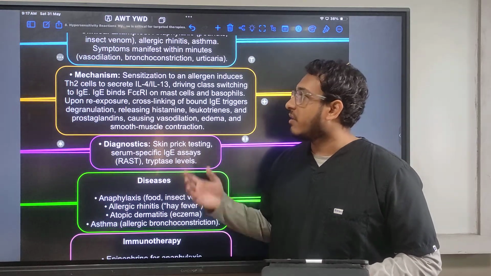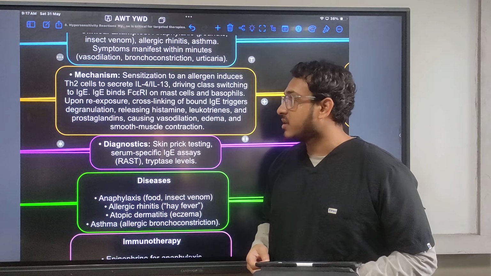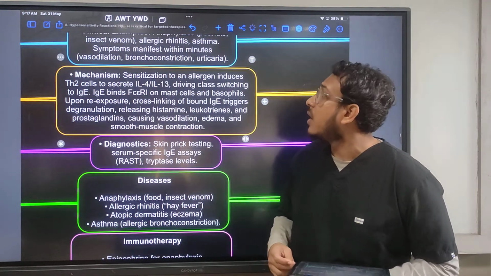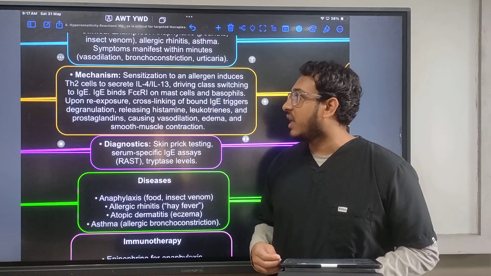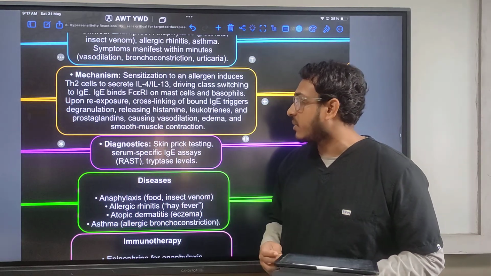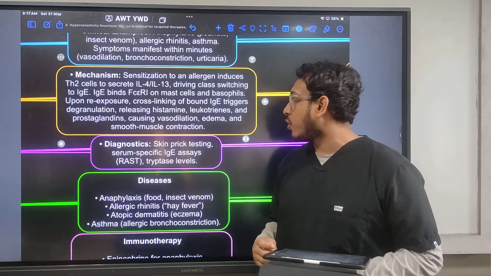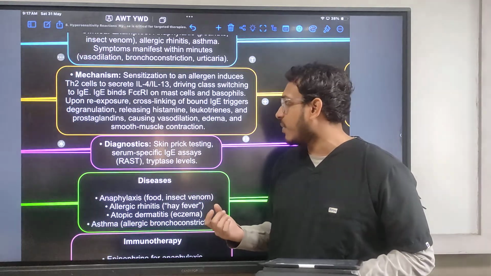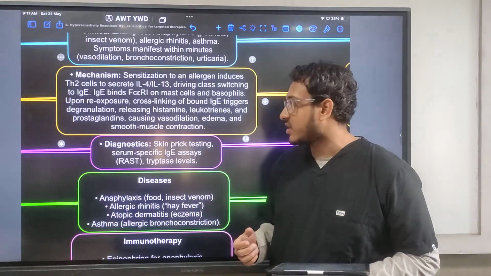So it's a receptor, it will bind to the FcεRI receptors. Upon re-exposure, cross-linking of bound IgE triggers degranulation, and this degranulation will release histamine, leukotrienes, and prostaglandins, causing vasodilation, edema, and smooth muscle contraction.